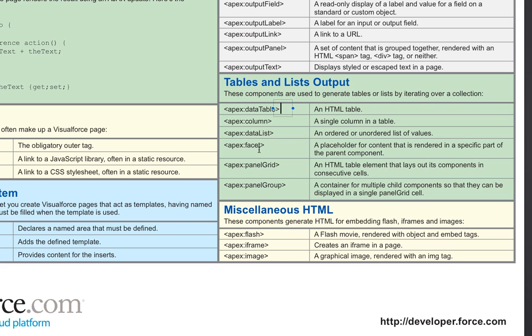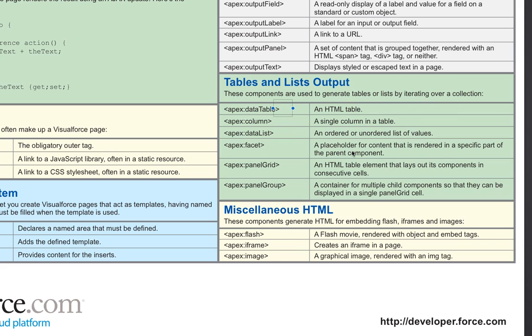It's very similar to that, but Apex column is a single column in a table. When you are defining data table, inside the data table there can be 4 columns or 6 columns, 10 columns. You have to define the columns with this column tag. That's the definition of column name and values inside that.